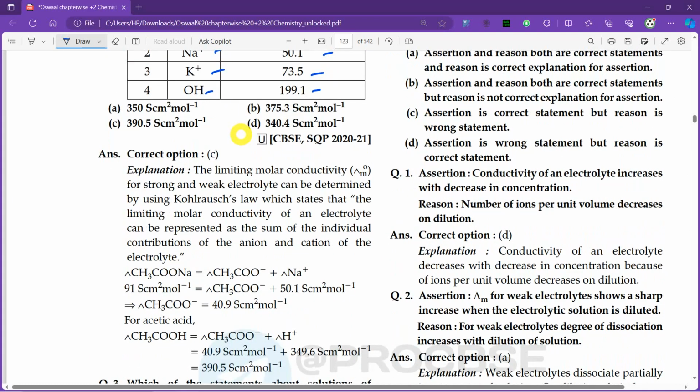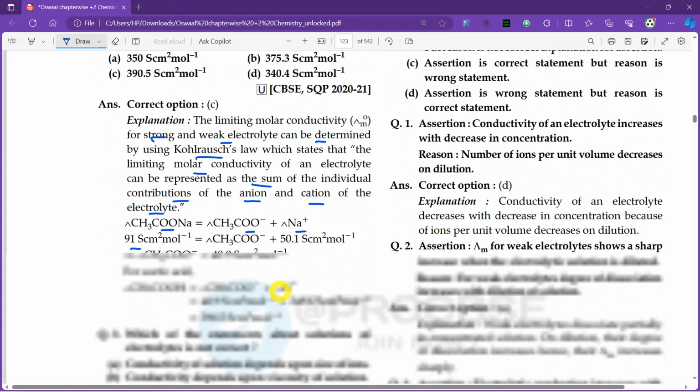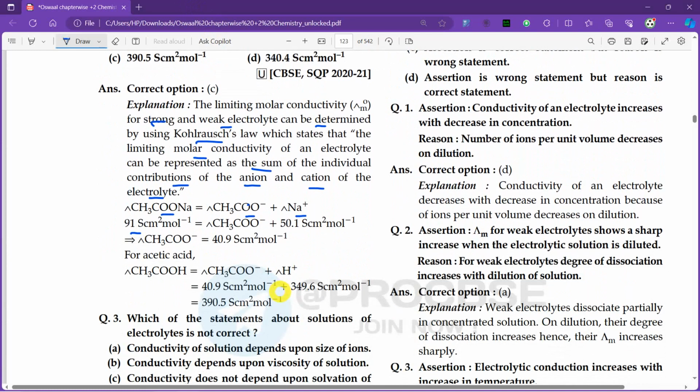The limiting molar conductivity of strong and weak electrolytes can be determined by Kohlrausch law. The limiting molar conductivity of an electrolyte can be represented as the sum of the individual contributions of the anion and the cation. So they have given the limiting molar conductivity of sodium acetate as 91 Siemens centimeter square per mole. That is nothing but the conductivity of the acetate ion and the sodium ion, right? And in the table, they have given the value of the conductivity of the sodium ion.